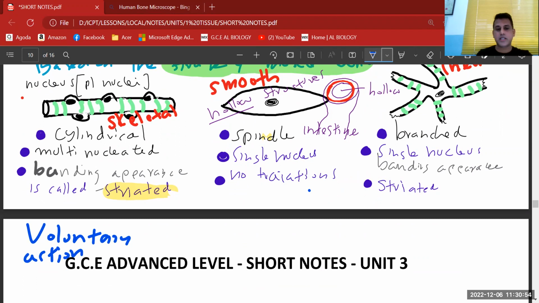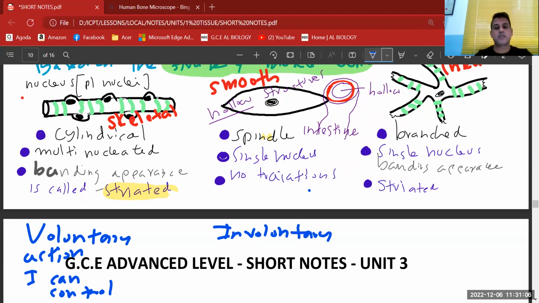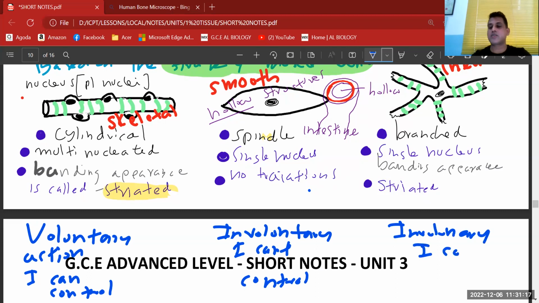Voluntary means I can control. These are involuntary. I can't control. This is also involuntary. Again, I can't control. Control is done by the brain and the nervous system. They take this control. So I cannot change. The brain and nervous system control the action of the muscles.